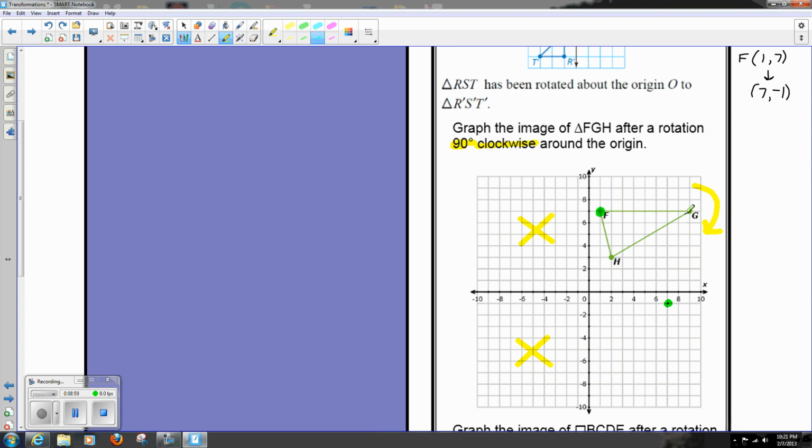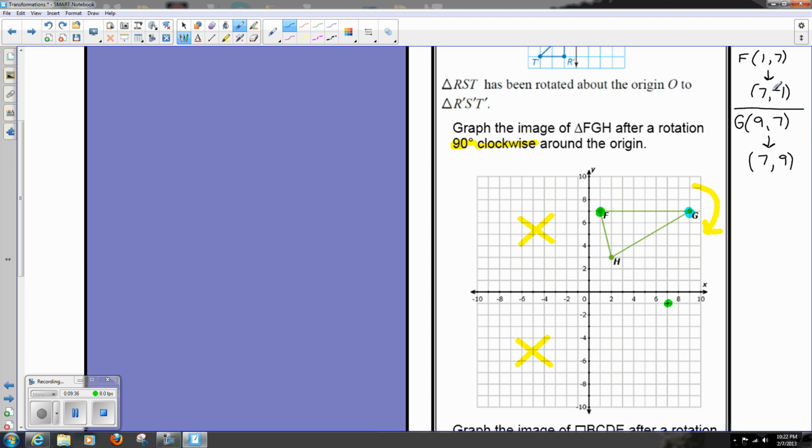From the next point, let's do point G. And point G right now is at 9, 7. So when we rotate that 90-degree turn, looking at our example up here for F, we know that we have to trade places, 7 and 9.